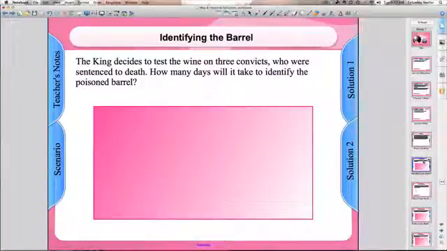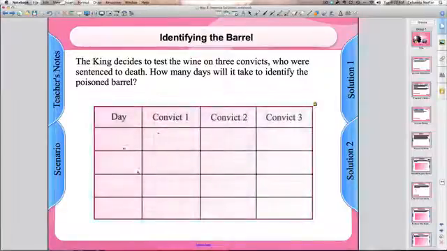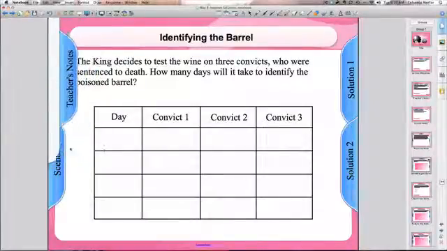Again, the king decides to test the wine on 3 convicts who were sentenced to death. How many days will it take to identify the poison barrel? Go ahead and write inside of this box your possible situations.